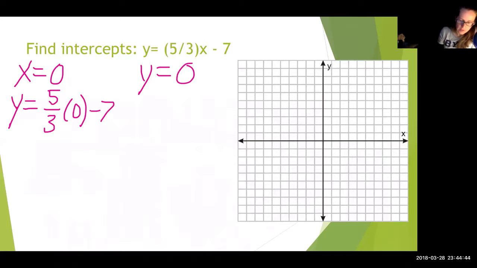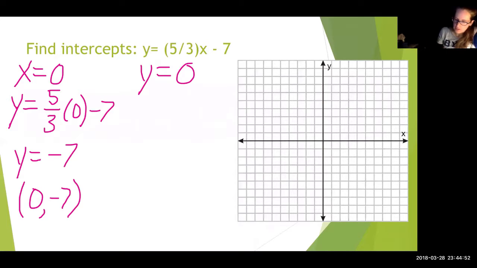That 5/3 times 0 just is 0, so we just end up with a -7. Don't lose that negative. So 0, -7, that's our point. 0, -7. 1, 2, 3, 4, 5, 6, 7. There you go. So where the x is 0, that's when it's going to be on the y-axis. And where the y is 0, that's when it's going to be on the x-axis.